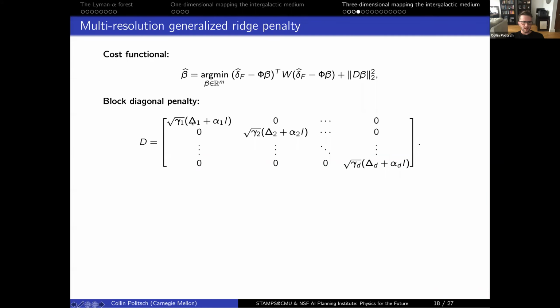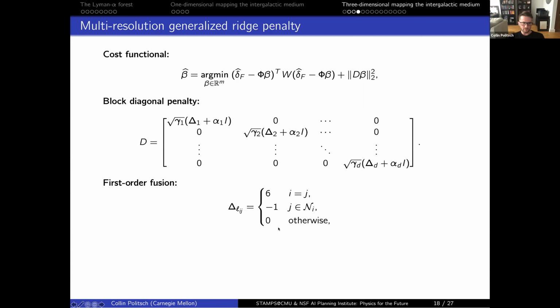Within each of these levels of resolution, we have this differencing penalty which imposes the spatial smoothness, and then we have I as the identity matrix here, and then 2 hyperparameters that control, let's see, alpha controls within each level of resolution the range of the spatial dependence, and then gamma I within each level of the spatial process controls the total contribution of that level of resolution to the total spatial estimator.